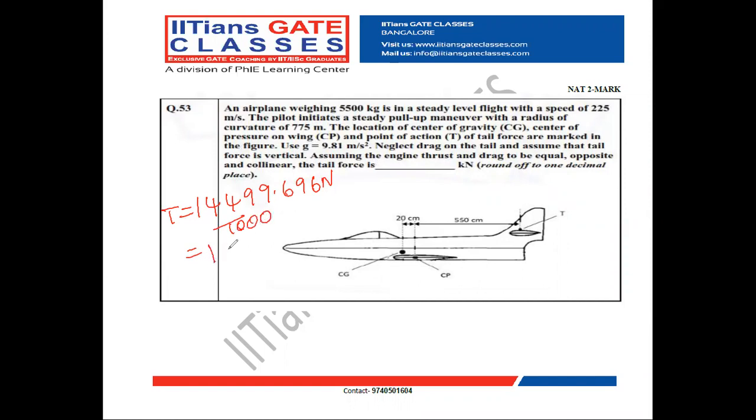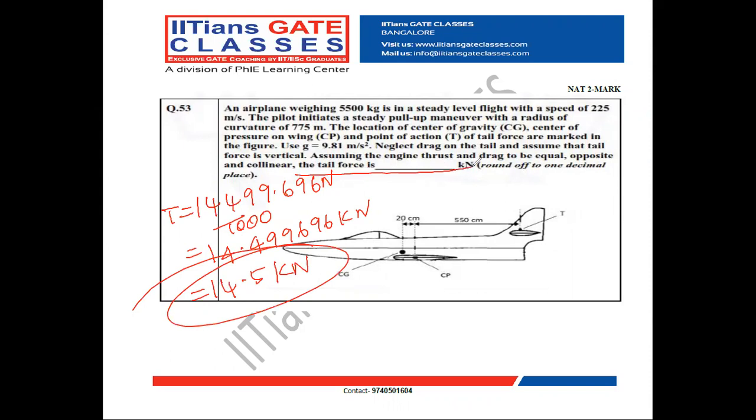So it will become 14.499696 kilonewton. If I round off to one decimal place, it will become 14.5 kilonewton. So previously we calculated in Newton, but they asked in kilonewton, so substituting, it becomes kilonewton.